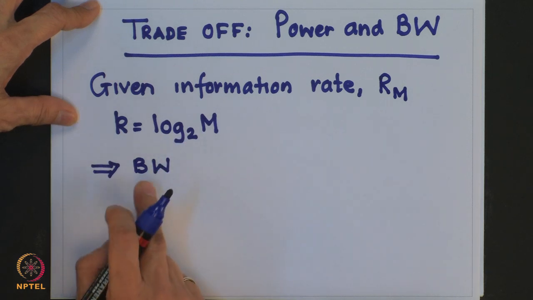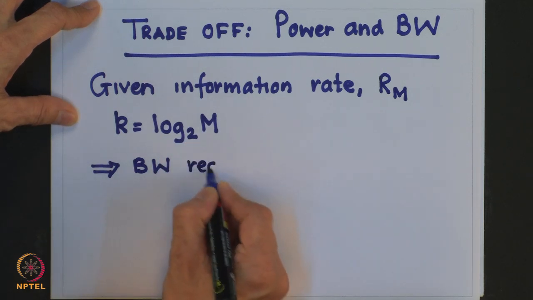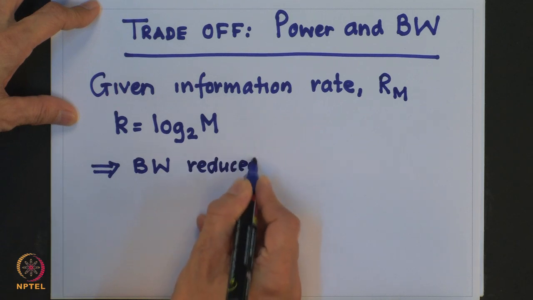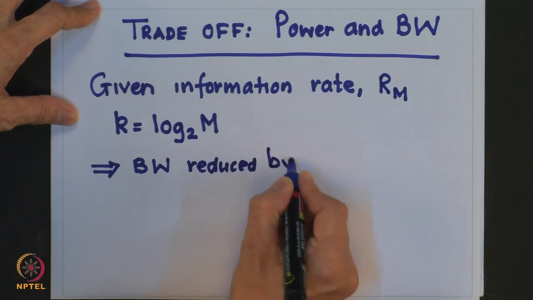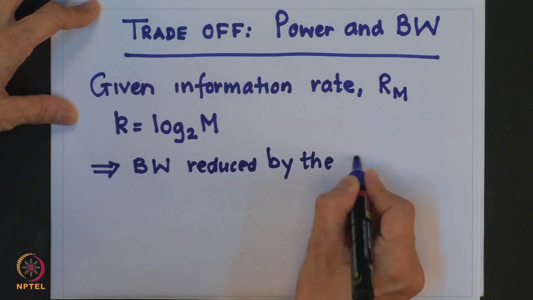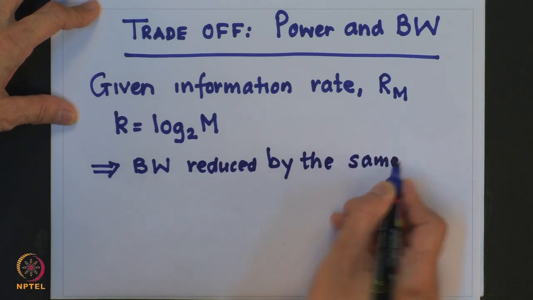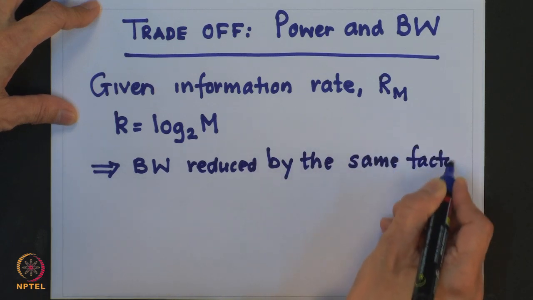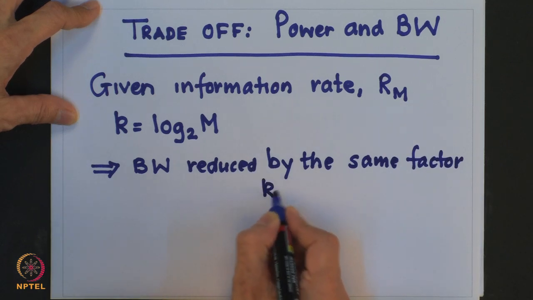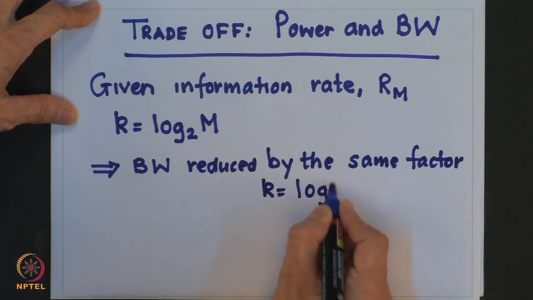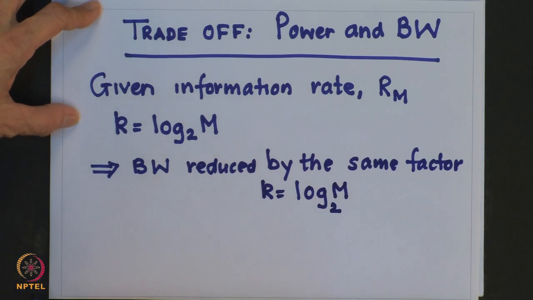So, what this implies is that bandwidth is reduced by the same factor, that is, log of M to the base 2.